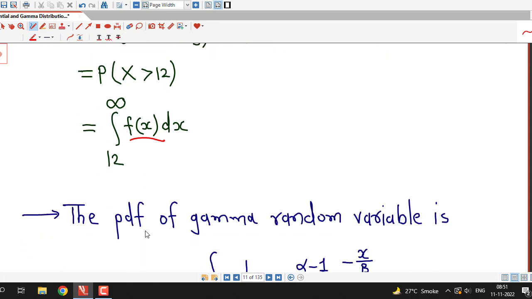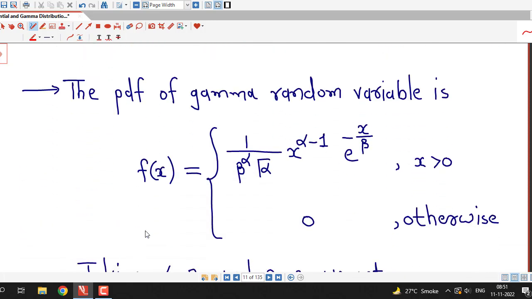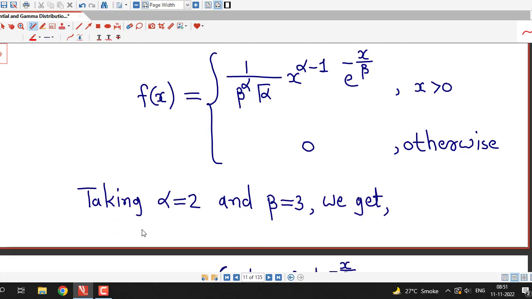to infinity. And then I have written the PDF of the gamma distribution, and in this formula we consider alpha equal to 2 and beta equal to 3, so 1 over beta is 3. So 3 raised to 2 times gamma alpha, that is gamma 2. Here I will have x raised to 2 minus 1 and e raised to minus x divided by 3.